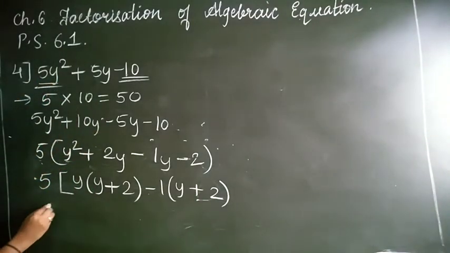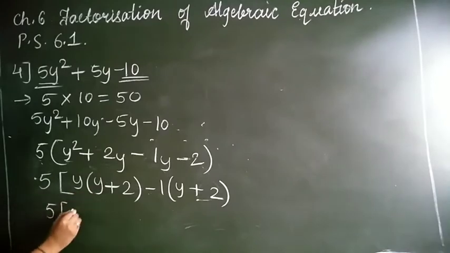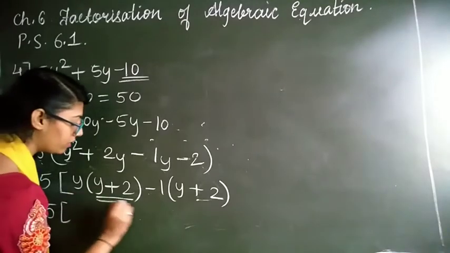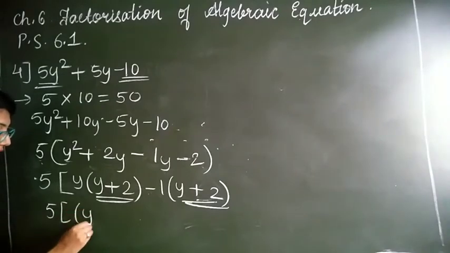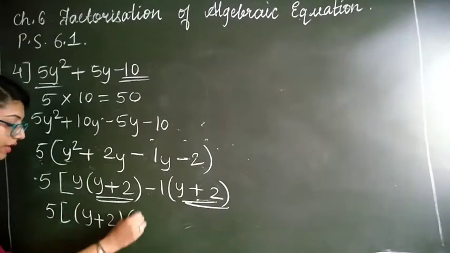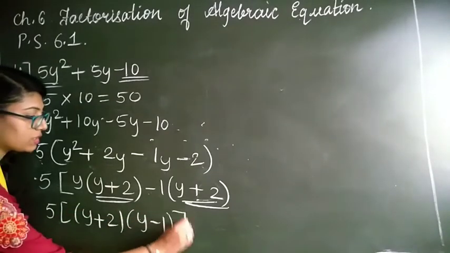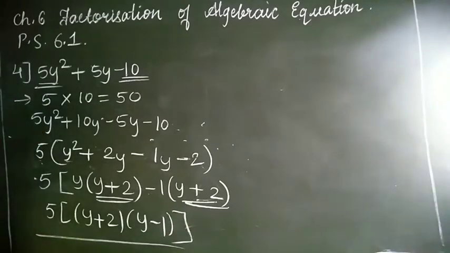So 5 will remain as it is. Now we got same brackets, so we will write it once: y plus 2 and y minus 1. So hence this is our final answer. These are the factors of this equation.